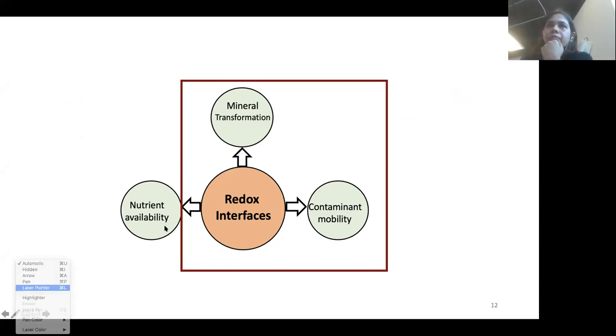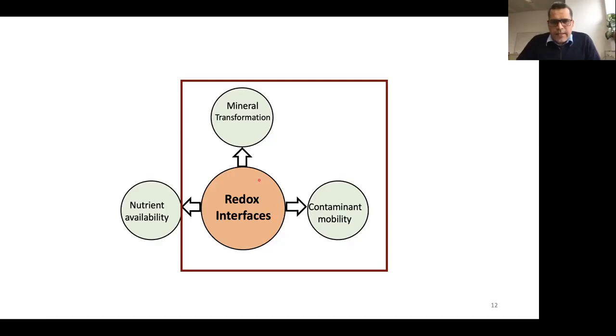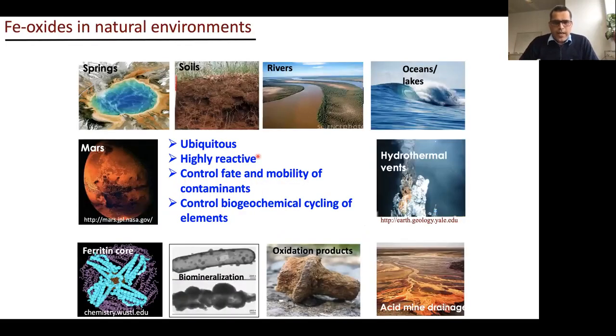Okay, better now. So today, this talk involves these 2 parts of redox interfaces. We looked at contaminant mobility and mineral transformation. Before I start the experimental part, a little background on why we look at these iron oxides and their reductive transformation, or redox cycling of iron.